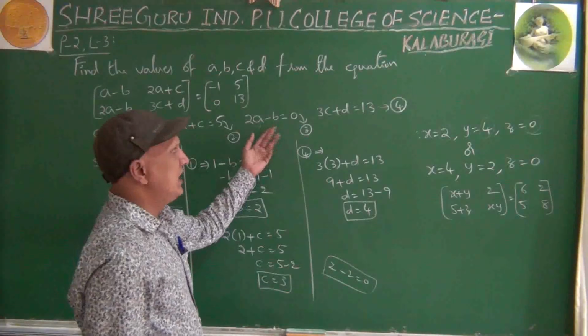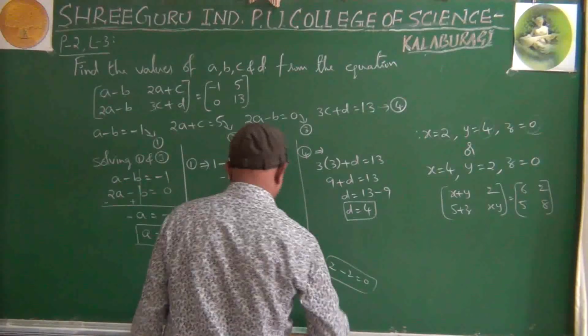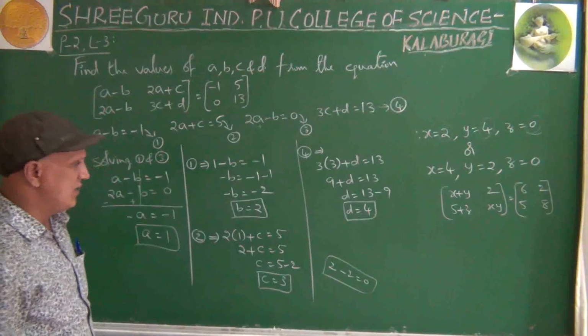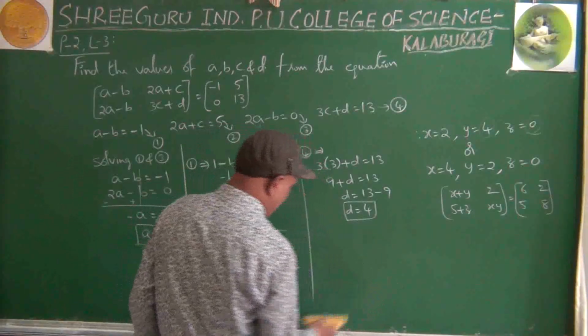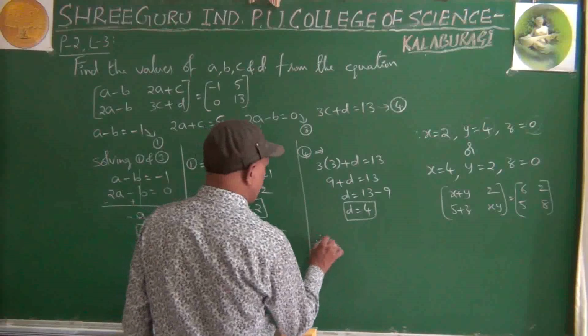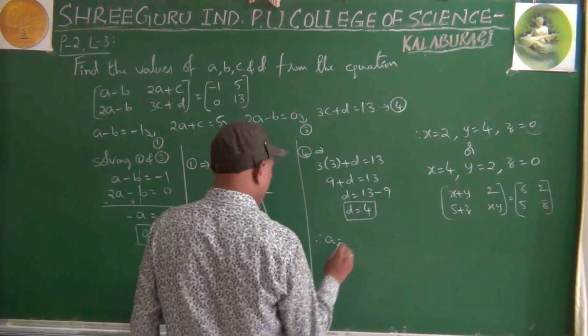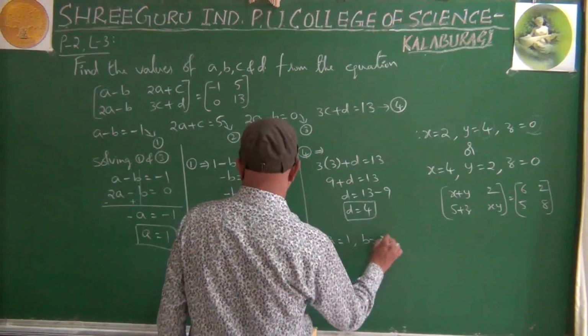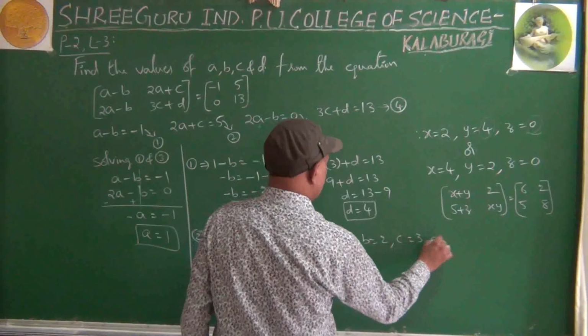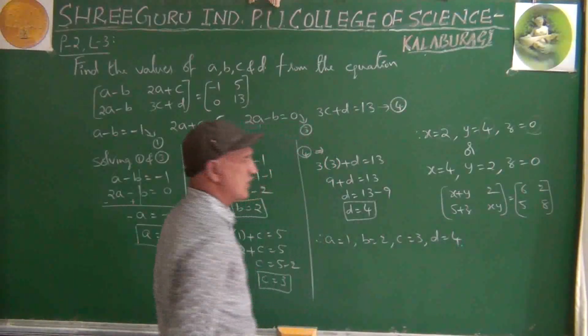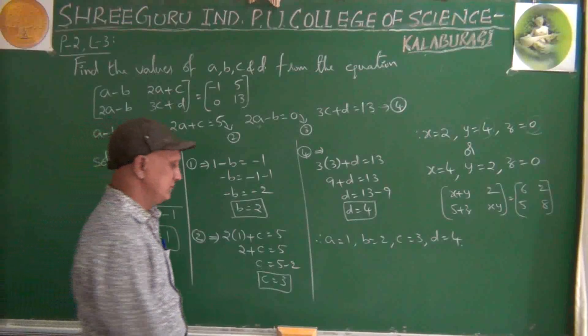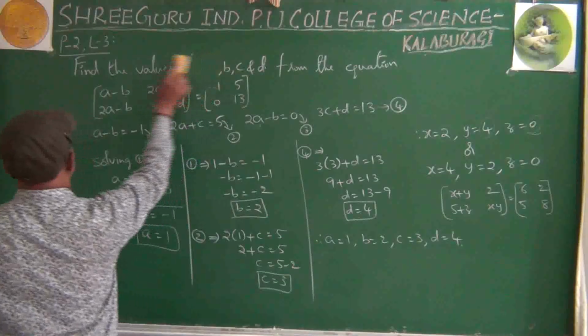That's why we ignored this third equation. So finally we got A, B, C, D values. Better write at the end. Therefore A equals 1, B equals 2, C equals 3, D equals 4. Clear? Let us see the next one.